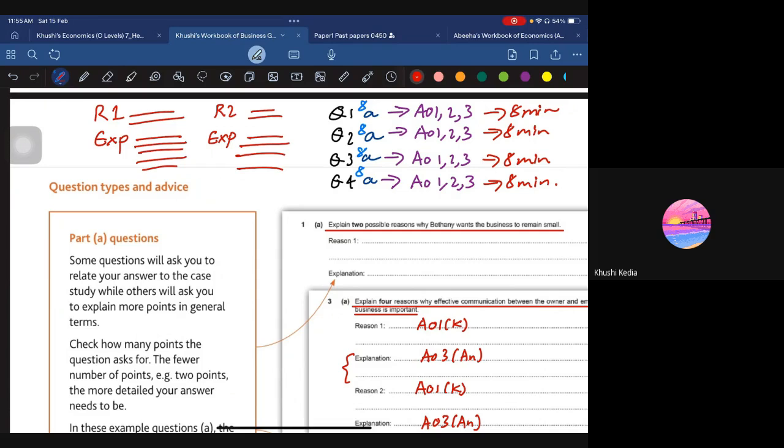So when you are doing it, you provide the knowledge here, you have to give the analysis here, the impact of the point, plus you have to slide in the application into this.